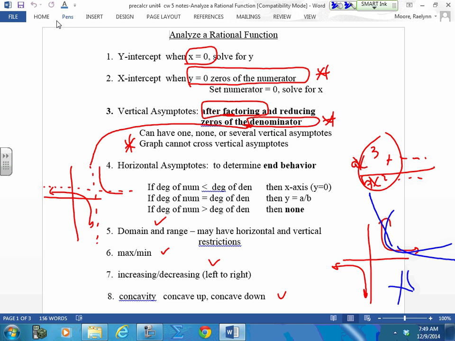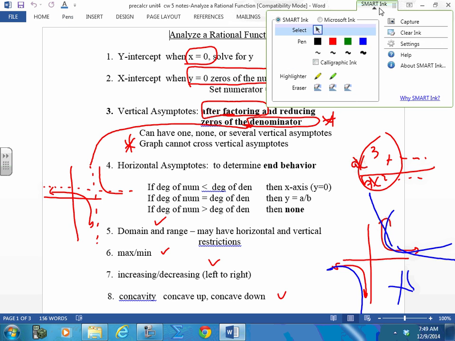It gets closer and closer and closer to this. So technically, this is constantly decreasing over here. This also happens to be a decreasing part over here. Y is decreasing as x is moving. So we do have increasing decreasings even without a max and a min. Okay? So that we'll get to as we go through this.